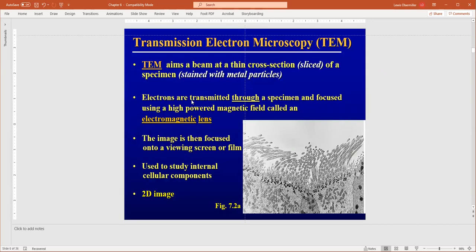Okay. So remember, there's 2 kinds of electron microscopes, transmitting and scanning. The transmitting one transmits so you can see the inside. A good way to tell this is a 2-dimensional image. And then this is focused by electromagnets rather than light focal points that we do in light microscopy.